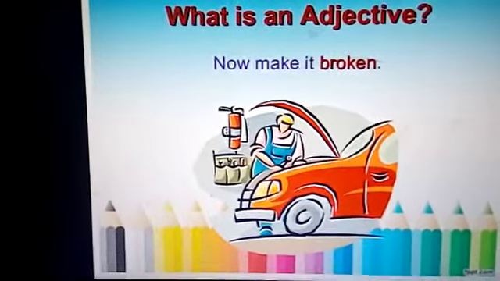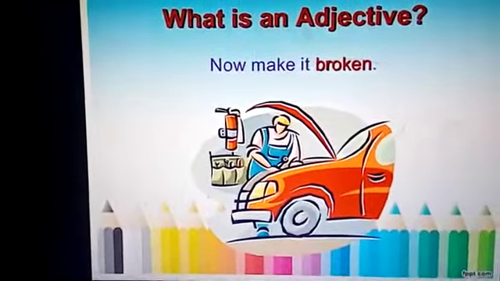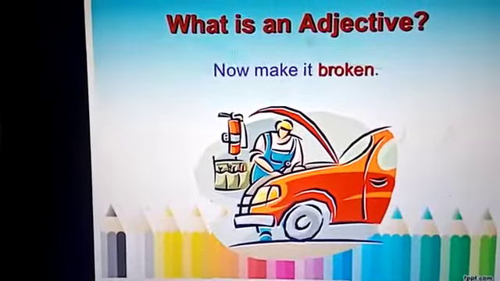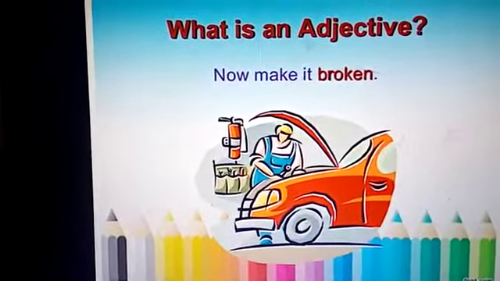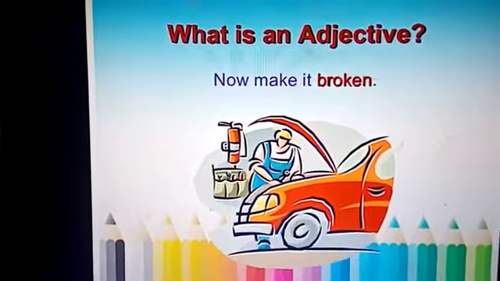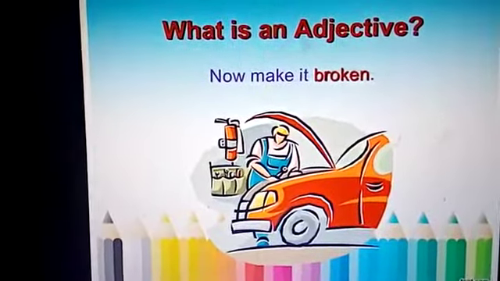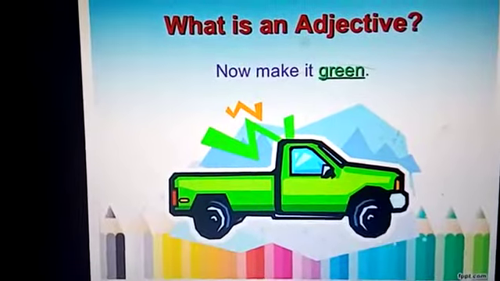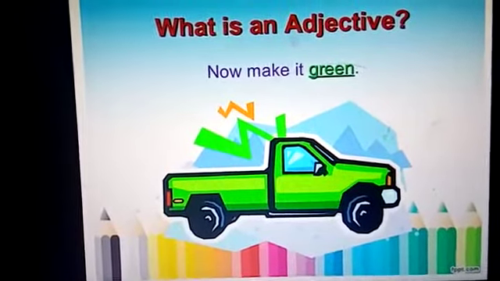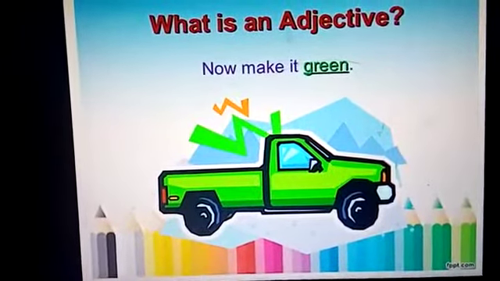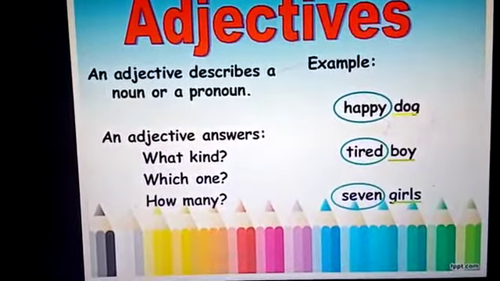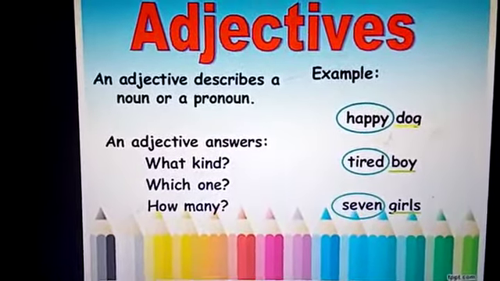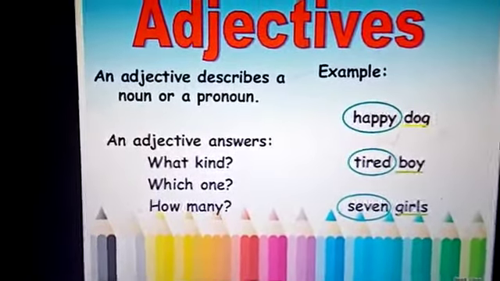Broken car, this also describes the quality of the car. Broken car, new car, old car, green car, this expresses the color. So you can say an adjective describes a noun or a pronoun.